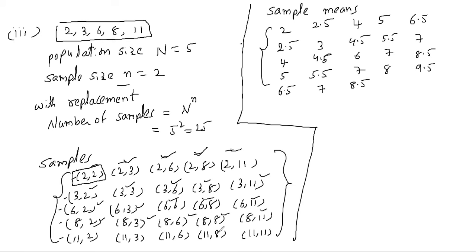Next, 11 plus 8 is 19, 19 by 2 is 9.5. 11 plus 11 by 2 is 11. So you got all the sample means. For these sample means we have to find the mean. That is the question.